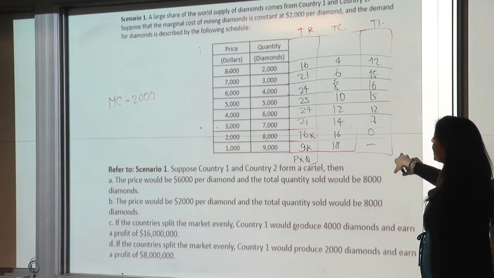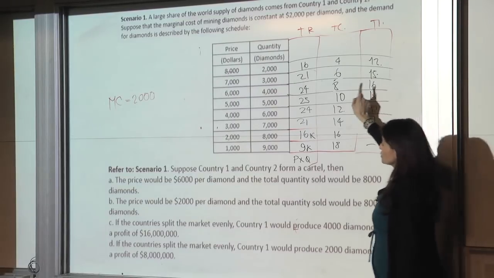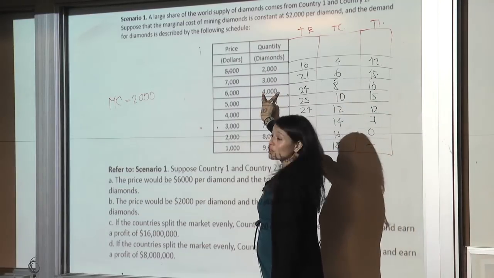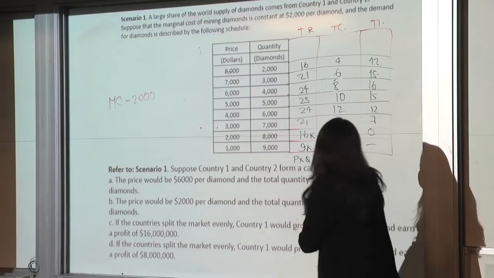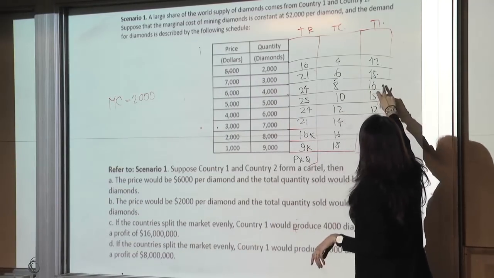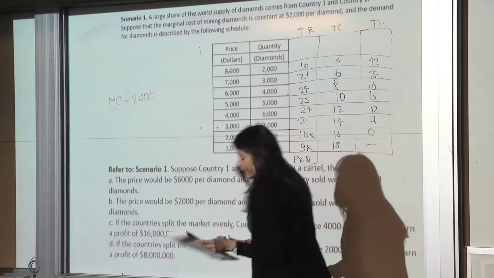Which one is the case that gives me the highest profits? 16? Okay, so quantity equal 4,000, right? Profit 16, quantity equal 4,000.